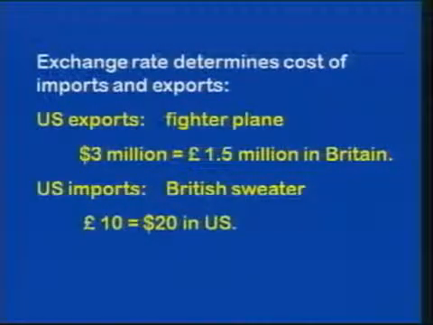It also works the same way for investments. If a person in Britain wants to invest in the United States, buy bonds or whatever in the United States, then they need to translate their pounds into dollars to do so. And if a person in the United States wants to buy bonds in Britain, we need to translate our dollars into pounds.